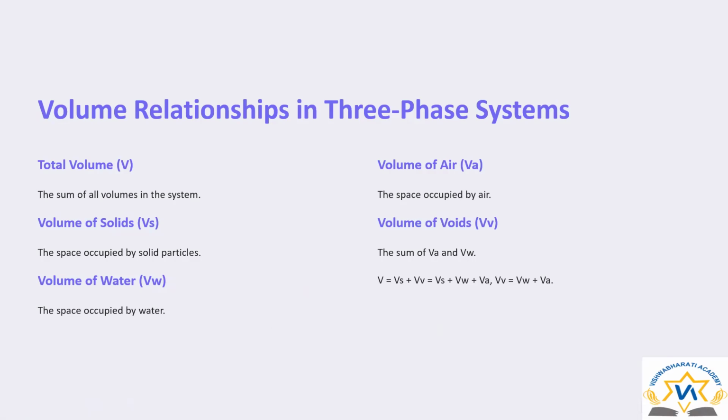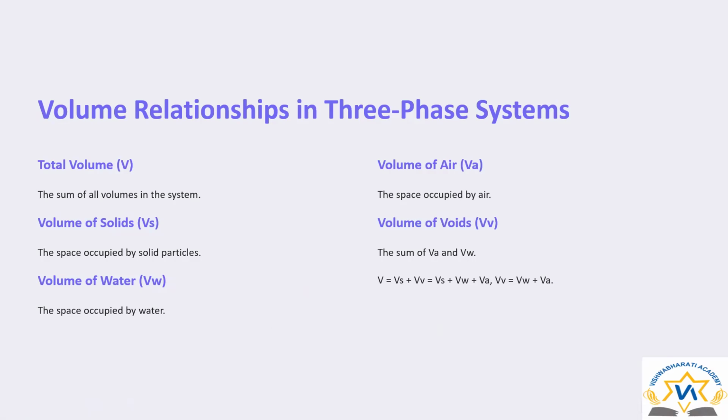The total sum of all these substances is called the total volume, indicated by capital V. The volume of solid in this container is the space occupied by the solid particles.